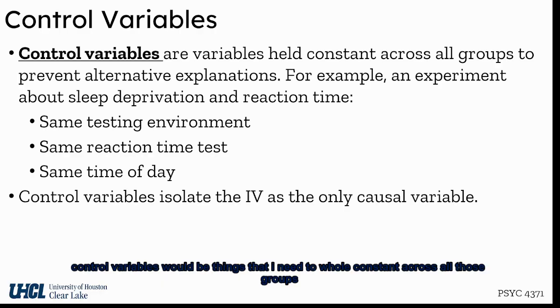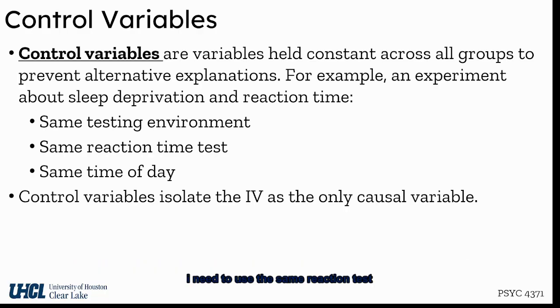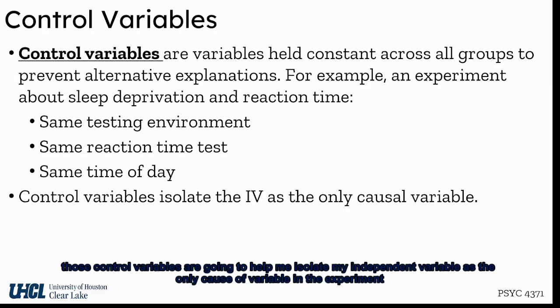Control variables would be things that I need to hold constant across all those groups. I need to test both of those groups in the same testing environment, preferably in the same room at the same time of day. I need to use the same reaction test. Those control variables are going to help me isolate my independent variable as the only causal variable in the experiment.